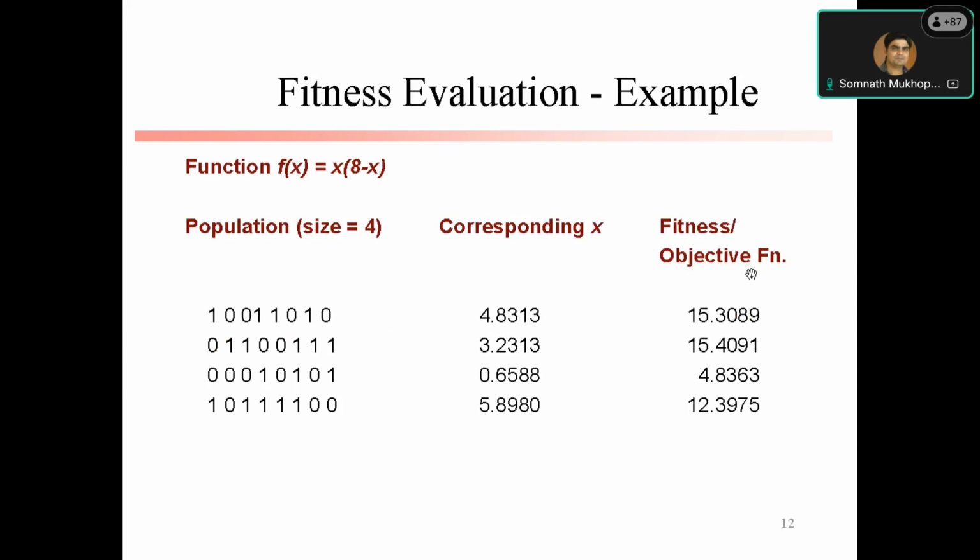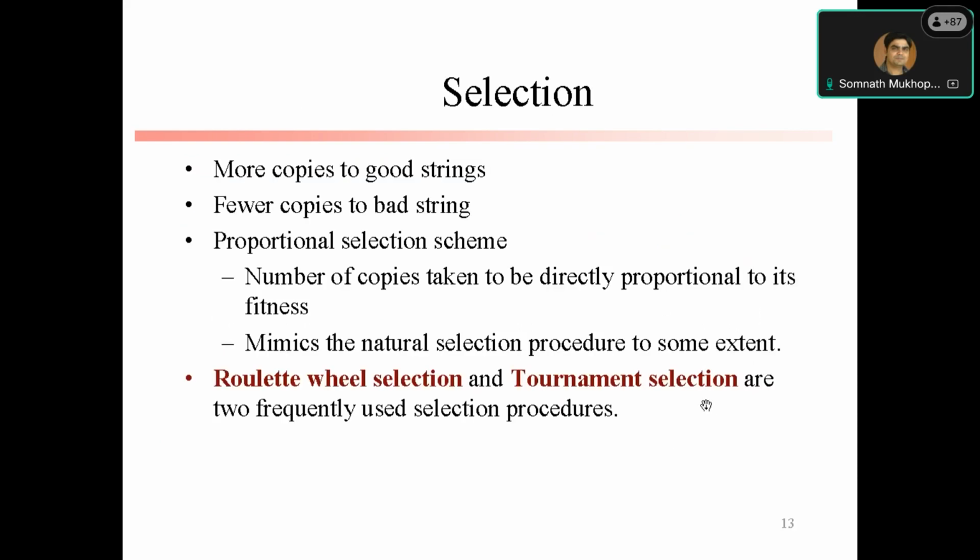These values are the corresponding x values. If we put these different x values in f(x), we'll get this kind of f(x) value. These f(x) values are nothing but the fitness of the different solutions, the different chromosomes. Among these, we have calculated the fitness value, and now we are ready to go for the selection operation.